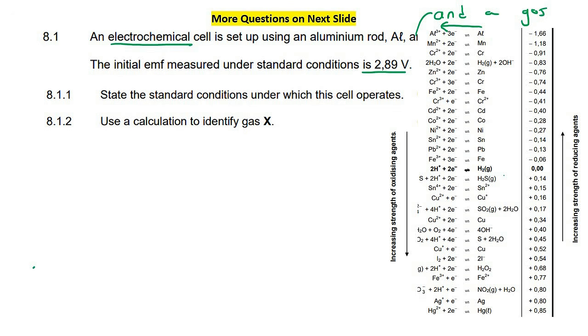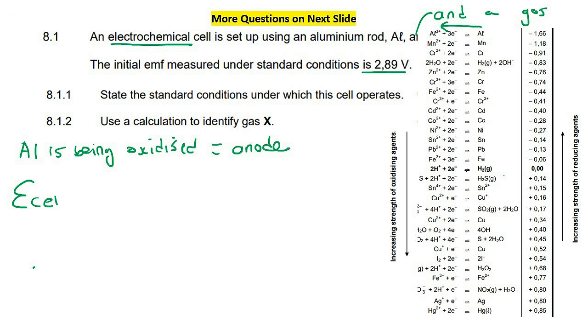So we know that that is oxidation. The aluminium is being oxidized. Oxidation always happens at the anode, so that's the anode. I know there's a formula to calculate my cell potential, and it goes cathode minus anode. They tell us what the cell potential is.